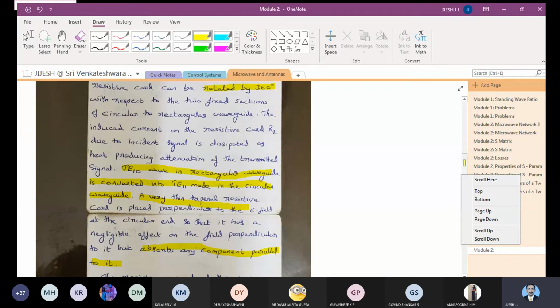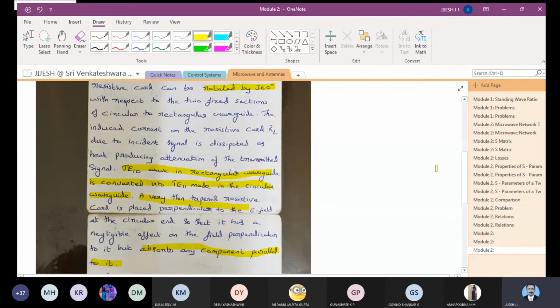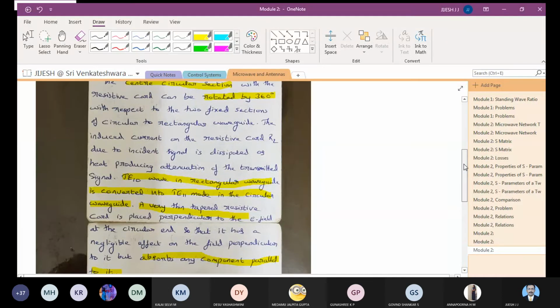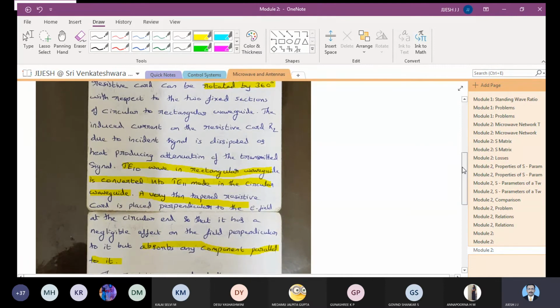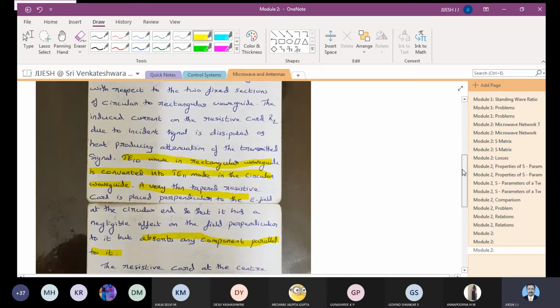Can complete it. So all these topics you can see, you have to study these things. Okay. So we have covered almost 33% of the syllabus.